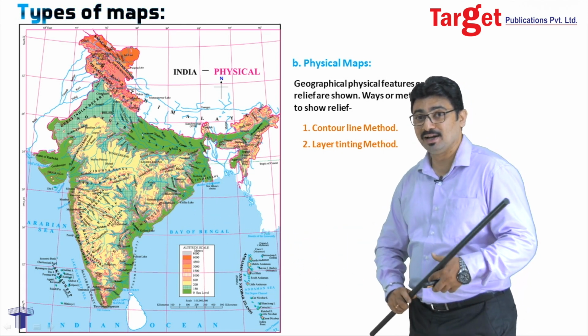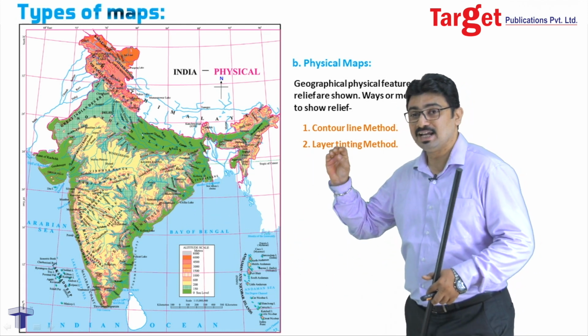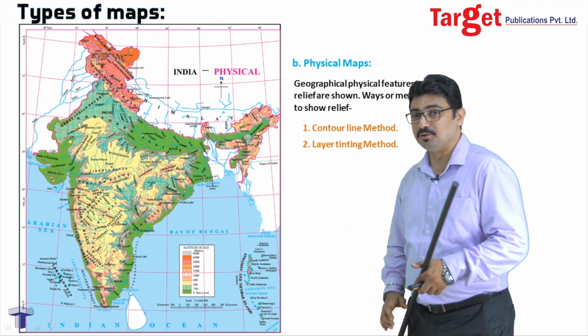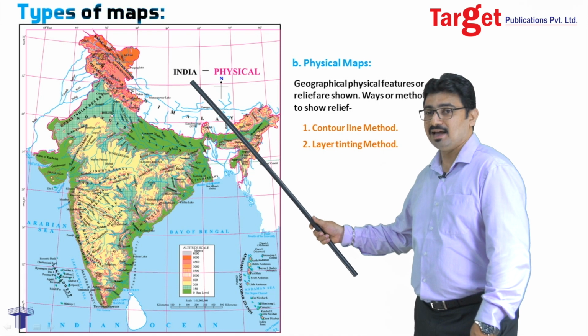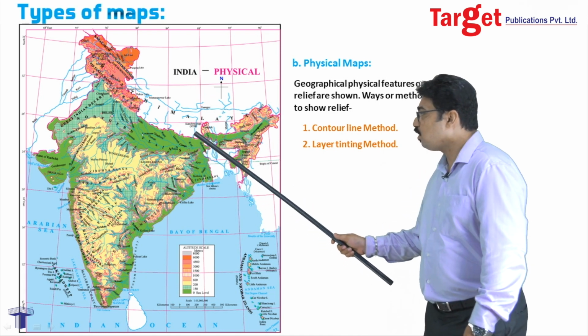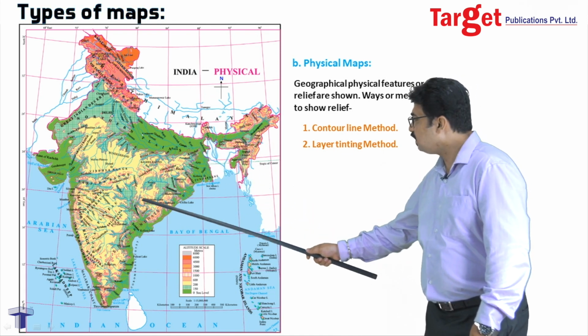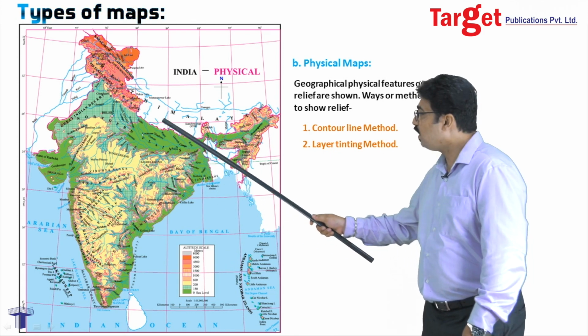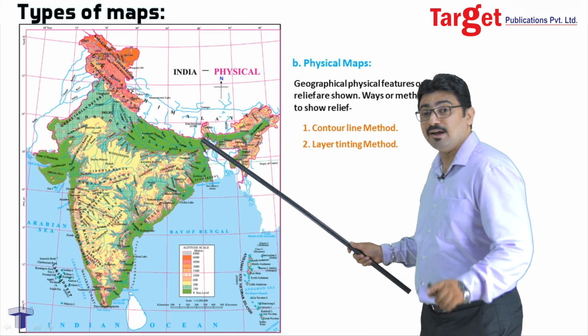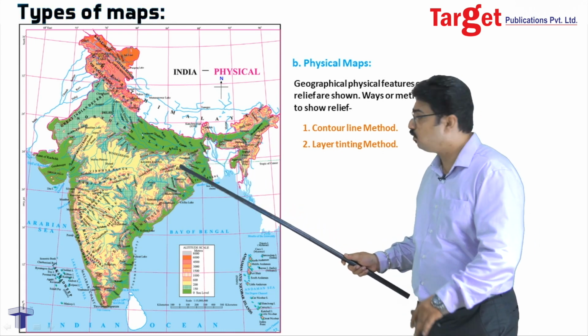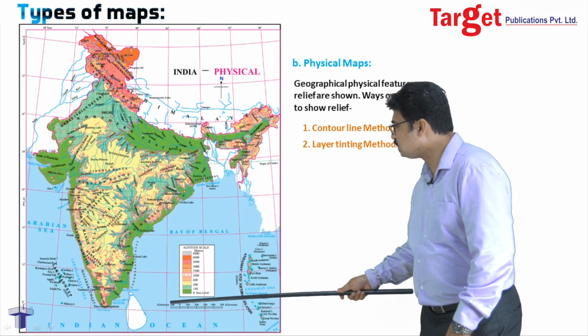So understand, my friend, every shade here tells us areas of different altitudes. We started with the area of highest altitude near the Himalayas. We went on with the area of a little lower altitude near the Deccan Plateau. Then we went ahead with the area of a little more lower altitude in the Ganga Plains. And further ahead at the lowest altitude were our coastal regions.